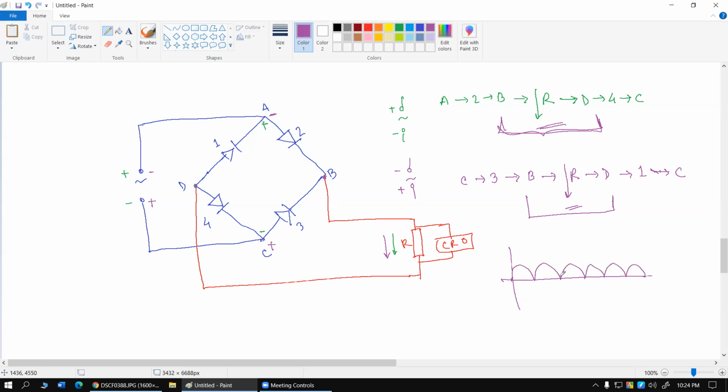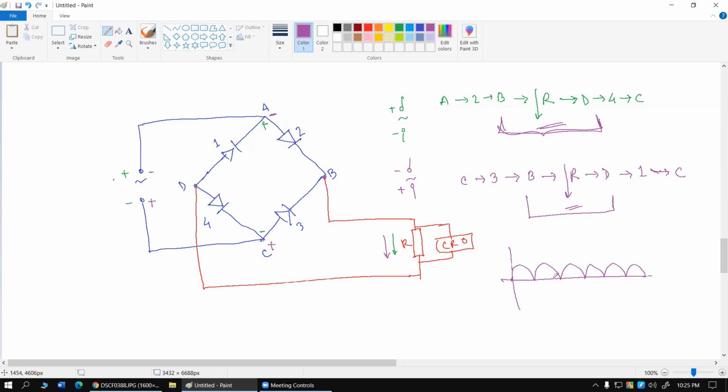So current will increase and decrease, increase and decrease, in a modulated sinusoidal pattern, but it will always work in a single direction. So now by using this whole thing, we have converted the AC supply into a DC output.